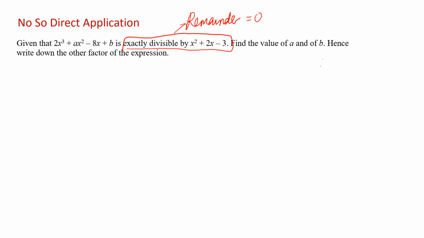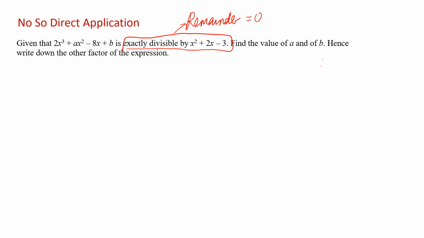But recall also that we can only apply remainder and factor theorem on a linear divisor, right? What you're given here is not a linear divisor. What you're given here is a quadratic divisor. So how are we going to change your quadratic divisor into linear form?